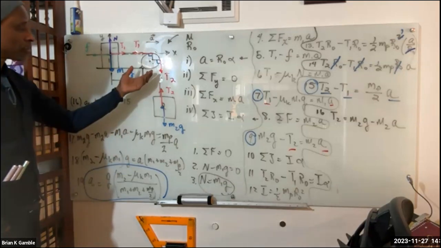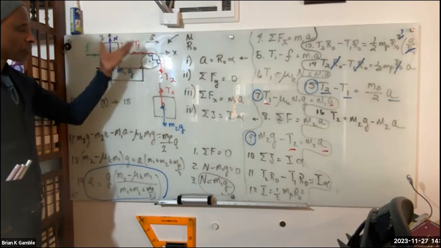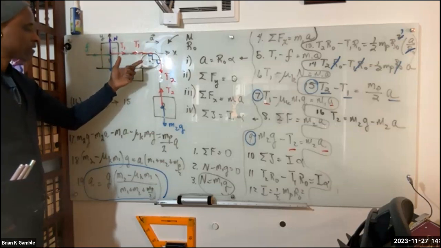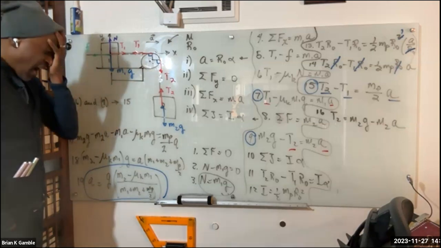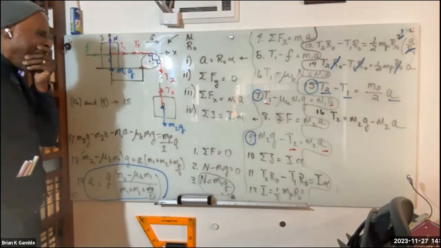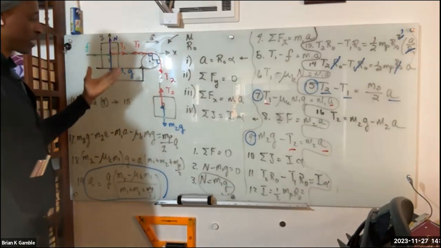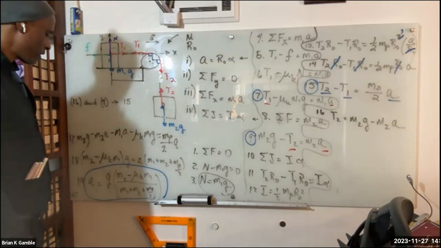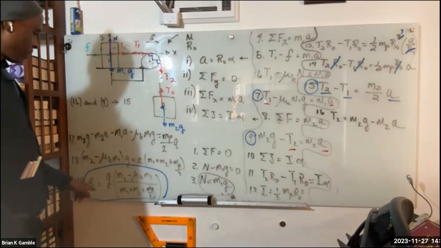Because if the inertia of the system increases because we now are including the moment of inertia of the pulley due to its non-zero mass, then everything being the same, you would expect that the acceleration of the system would decrease. So it does.